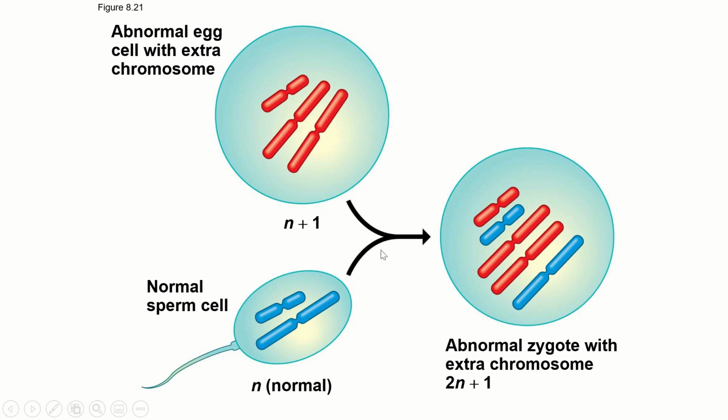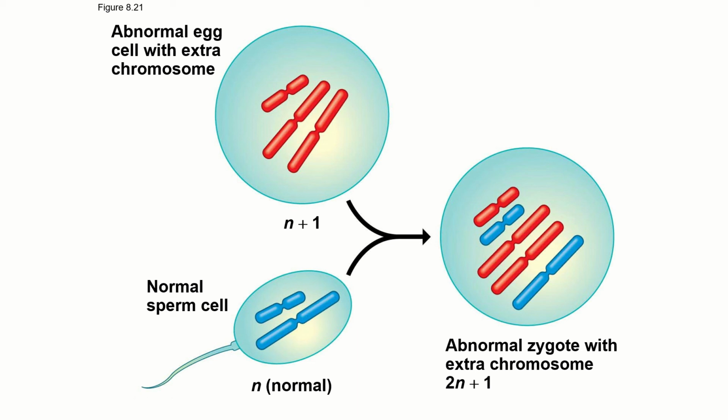Now, the other thing that can happen with nondisjunction is that it could happen on the sex chromosomes, and that's one of the ways that you can end up as intersex or as not typically male or female.